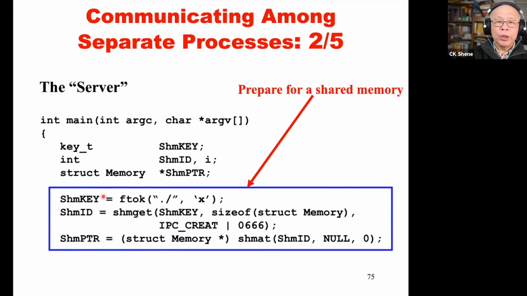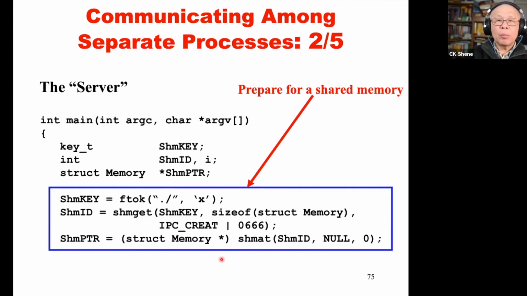It would return the shared memory ID, which in turn is used in the call of shmat. shmat returns a void pointer, which has to be cast to a pointer to the structure and saved to the shared memory pointer. So after this, we have successfully created a shared memory and received a pointer to it.